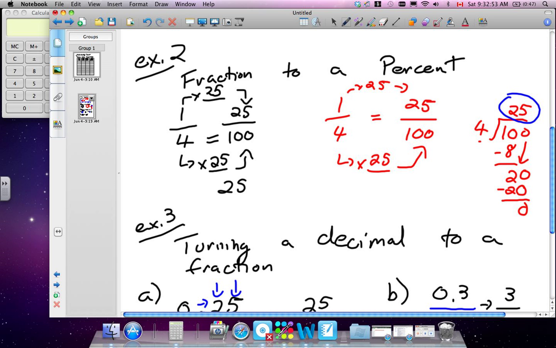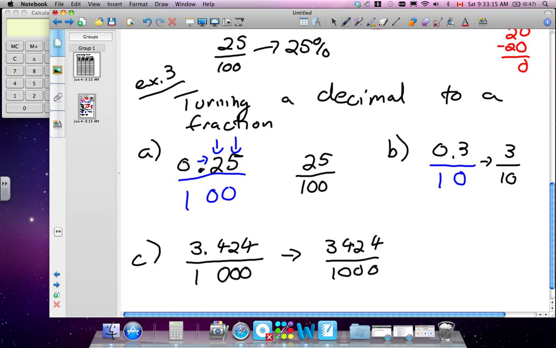To turn it into a percent, we just need to take the top number, because once it's over 100, that's the percent we're going to have. So now that we're over 100, this number is 25%. Simple as that. So we always want to change our decimals into fractions that are over 100. So this one here just becomes 25% if we need to change it to a percent.